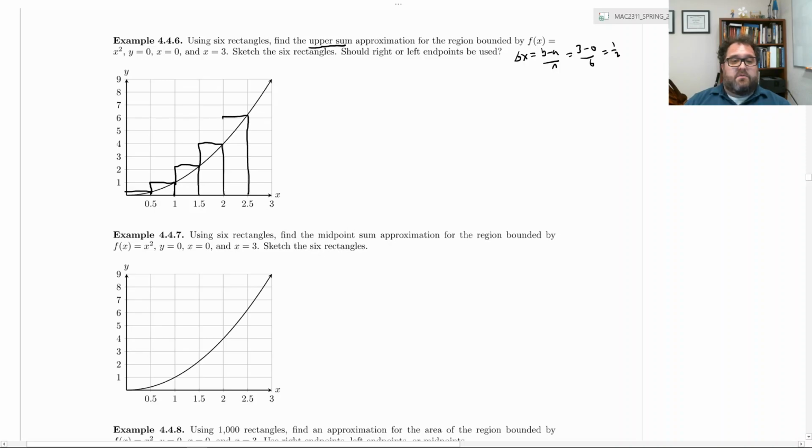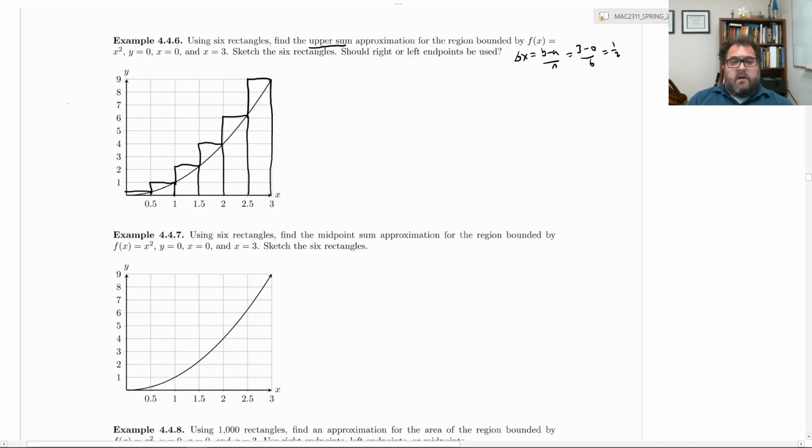That's f of 2.5. And then the sixth rectangle, up to hit the curve. This is obviously an overestimate because we are above the curve on every one of these rectangles. In the prior example we got an underestimate, and then we'll do the midpoints and get something in between.